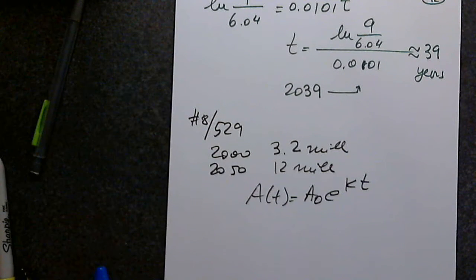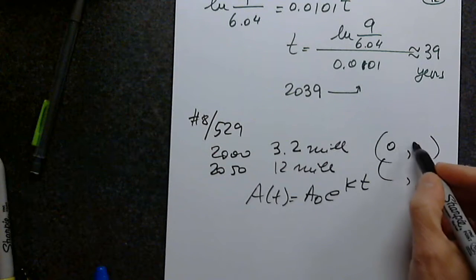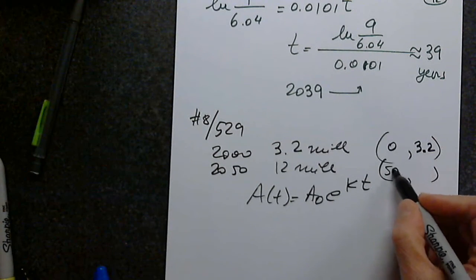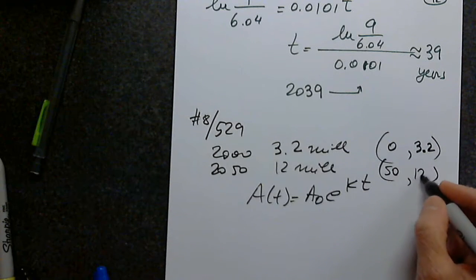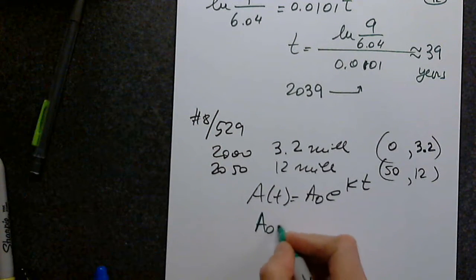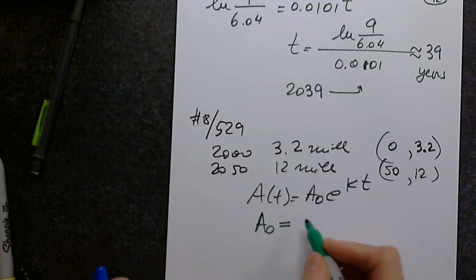What will you create? You will create two ordered pairs, and they are (0, 3.2) and (50, 12). Very good. So plug them in carefully and tell me what you get. Can anyone give us A0 already? Of course.